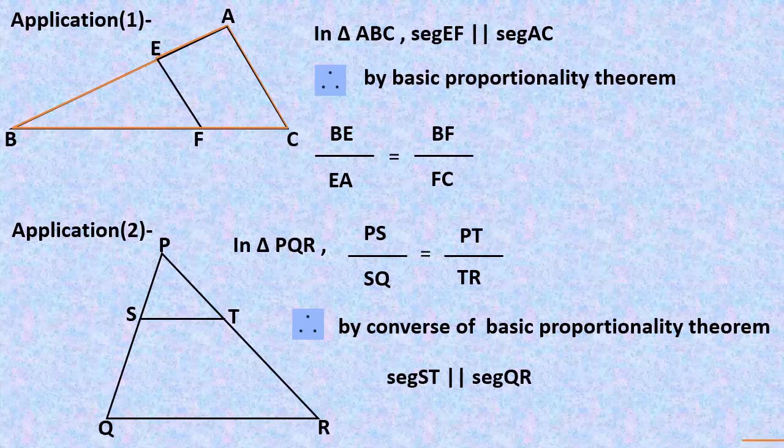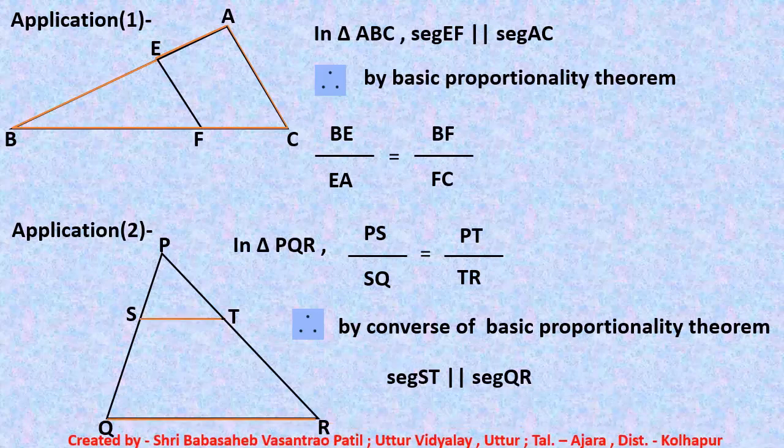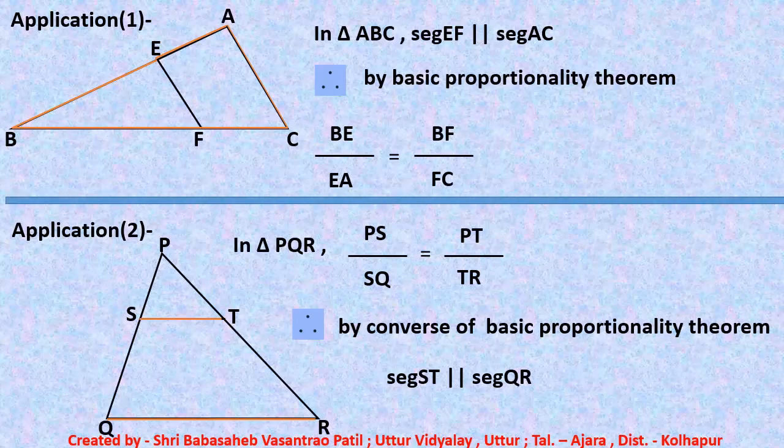Here we solve one example. Triangle ABC, segment DE is parallel to segment BC. In triangle ABC, segment DE is parallel to segment BC. AD is 4, DB is 6, EC is 12.